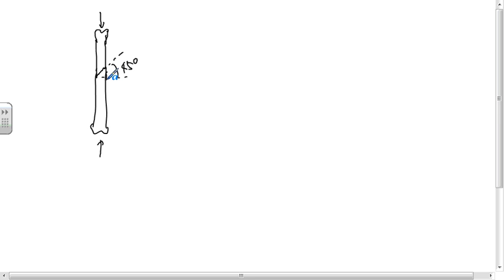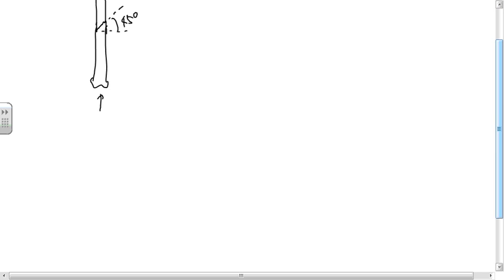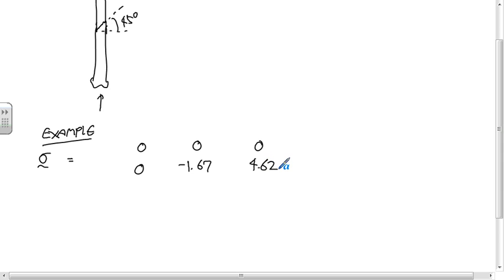Okay, let me give you another example and you work on this one. So let's say that the stress tensor is 0, 0, 0, 0, negative 1.67, 4.62.